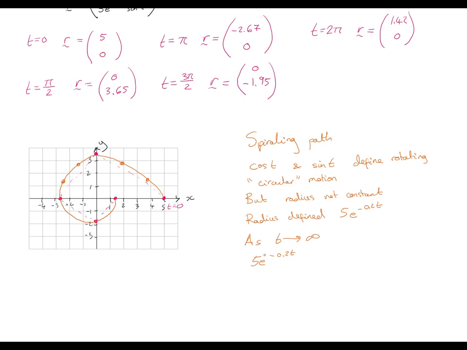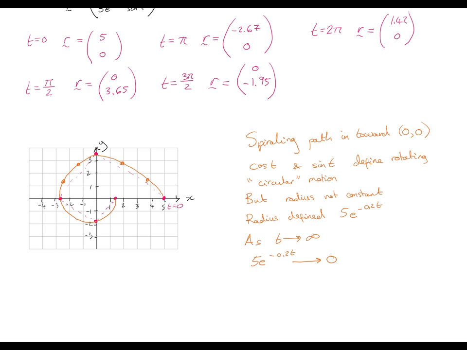This becomes a very big negative number, and e to some very big negative number is a very small number. It gets smaller and smaller and smaller, and it tends to 0. That's why we get this spiraling path. It goes in towards the origin, 0, 0, because the radius is getting smaller and smaller.